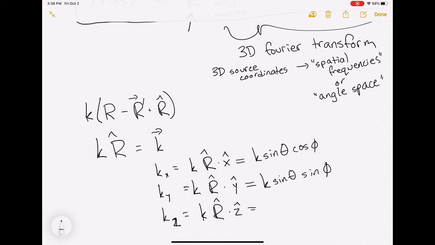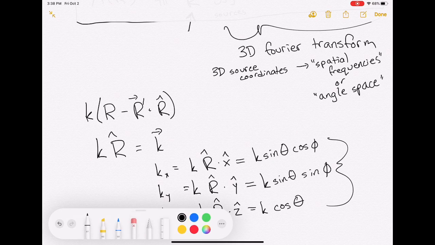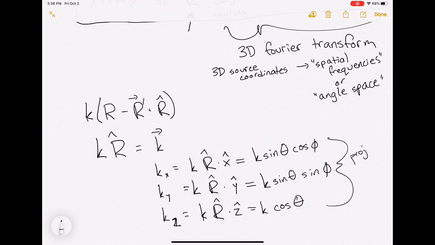These are the projections of r hat onto Cartesian unit vectors.